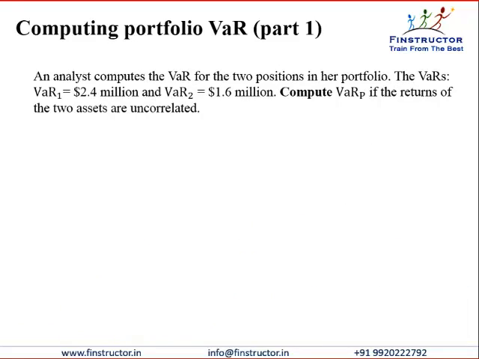An analyst computes the VaR of the 2 positions in a portfolio. VaR of position 1 comes out to be $2.4 million, of position 2 comes out to be $1.6 million. Compute the VaR of the portfolio if the returns of the 2 assets are uncorrelated. So using the same formula, the VaR of the portfolio will come out to be VaR of asset 1 square plus VaR of asset 2 square plus 2 into correlation into VaR of asset 1 into VaR of asset 2.